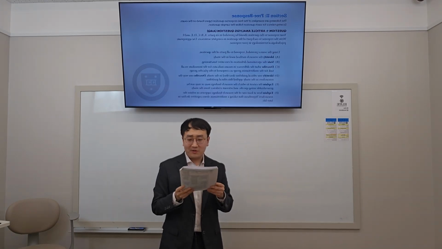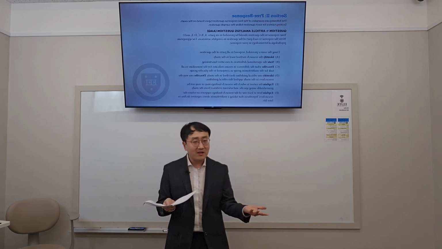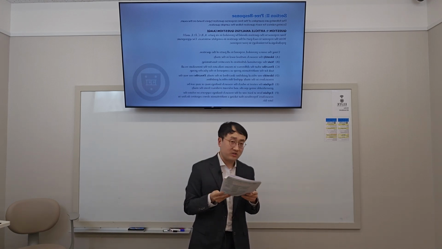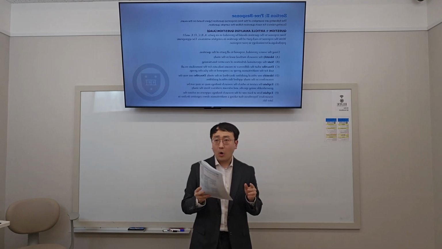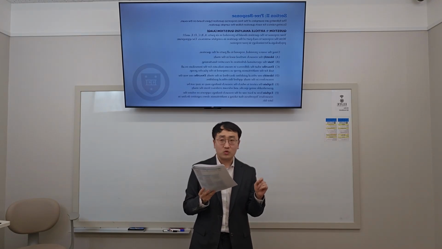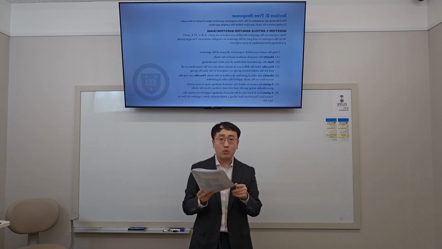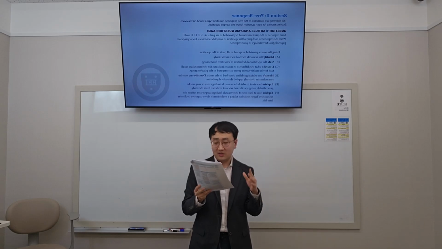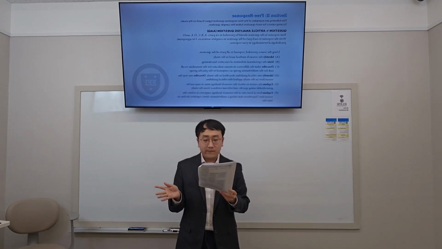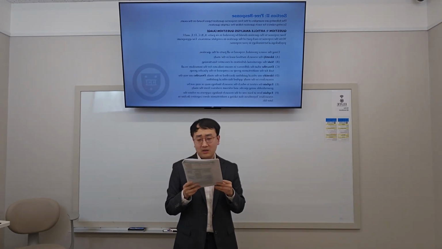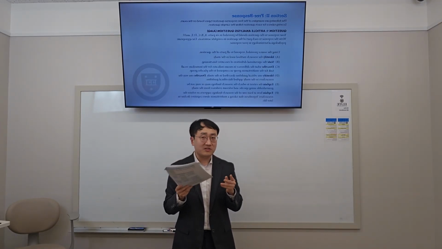Let's look at the question together. Using the source provided, respond to all parts of the question. Each part is worth 1 point, so there will be a total of 7 points. The first one: identify the research method used in the study.